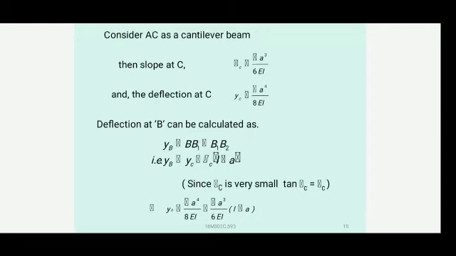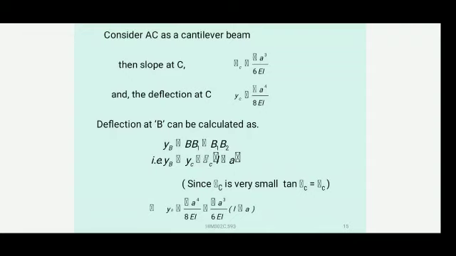The deflection at point B can be calculated as follows. YB is equal to BB1 plus B1B2, that means YB is equal to YC, the deflection at point C, plus the slope at point C into L minus a.